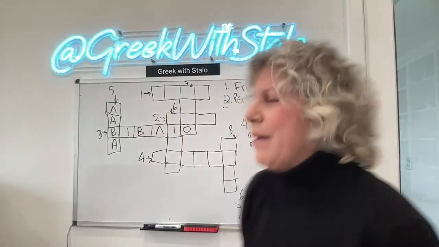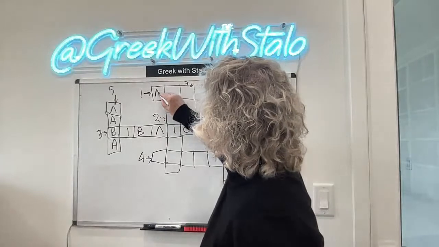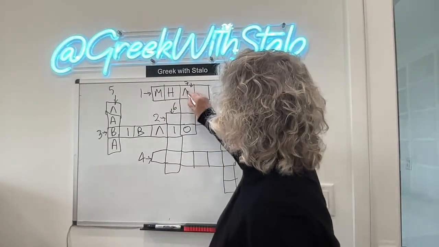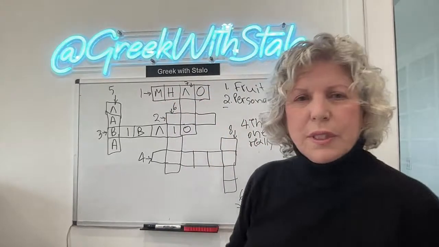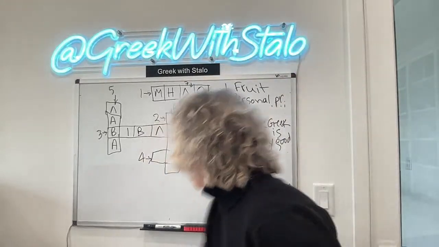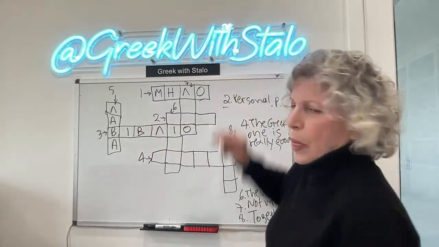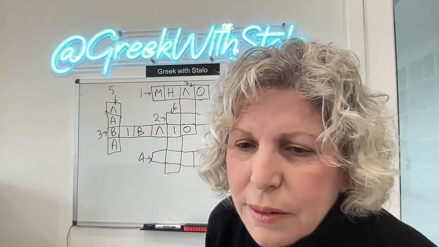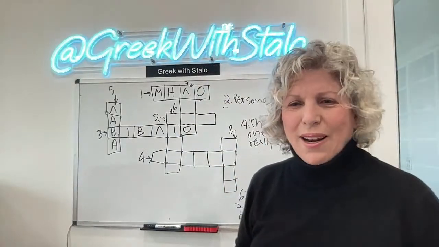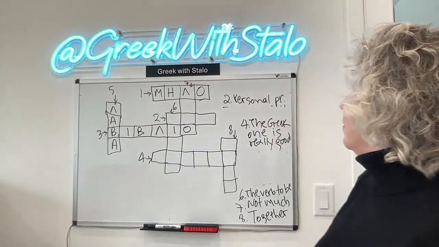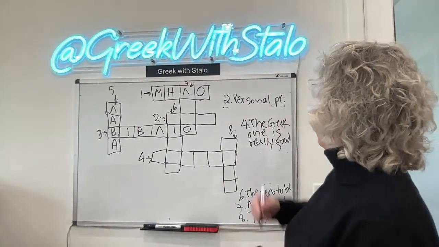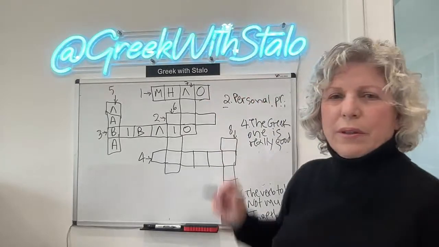Anybody else? Anton says Milo. Yeah, that's correct. Milo. The fruit is Milo. What else? Gio says the Greek for apple. Yeah, that's correct. Milo. Yeah, that means apple.